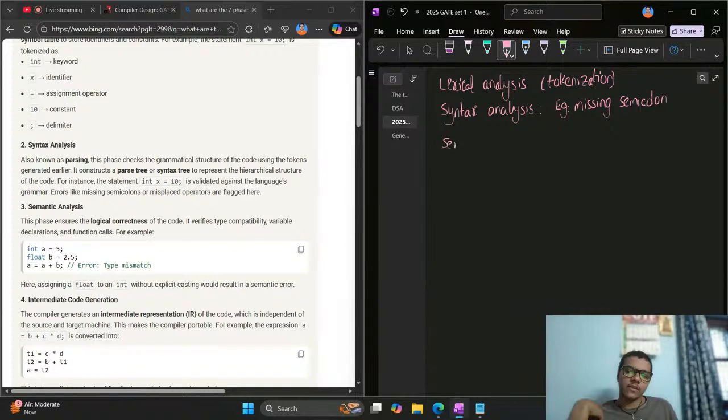Semantic analysis: logical correctness, adding the entire Boolean.